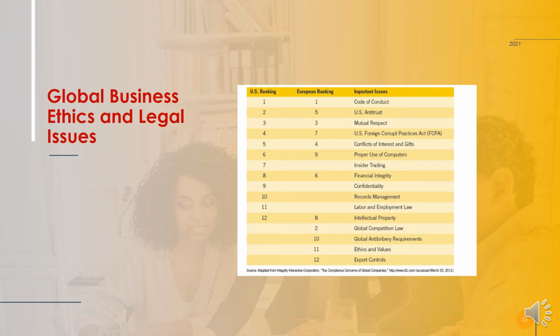We have Code of Conduct, US Antitrust, Mutual Respect, US Foreign Corrupt Practices, Conflict of Interest and Gifts, Proper Use of the Computer, Insider Trading, Financial Integrity, Confidentiality, Records Management, Labor and Employment Law, Intellectual Property, Global Competition Law, Global Anti-Bribery Requirements, Ethics and Values, and last, number 12, Export Control.